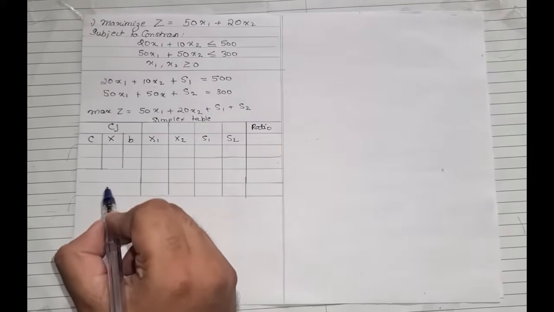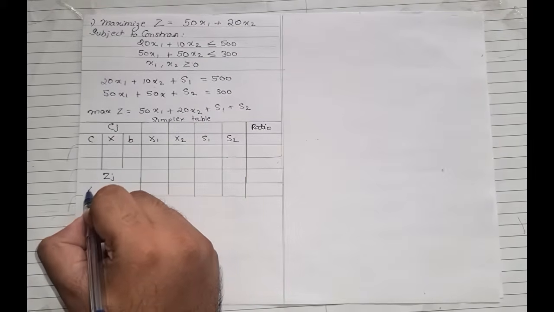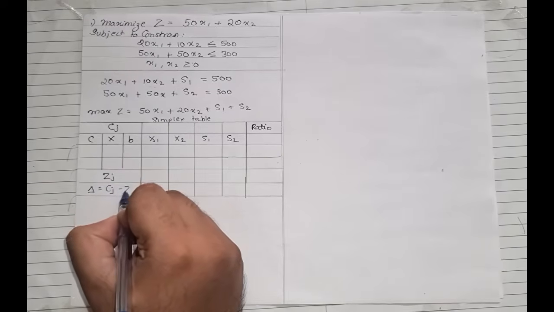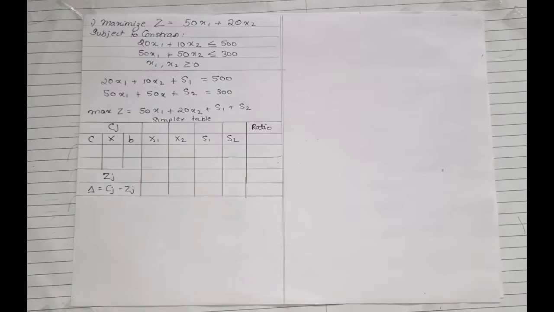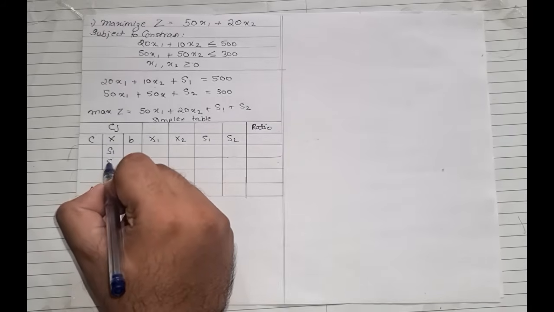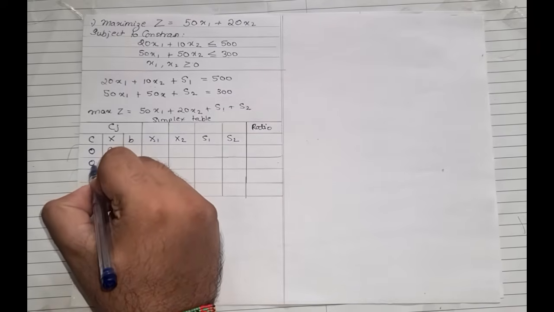I'll need Zj, and then I'll need the change, which is Cj minus Zj. Under x I will write the slack values s1 and s2. So this is the basic start of a simplex table. Always remember the C value at the start will always be 0, so both the values will be 0.